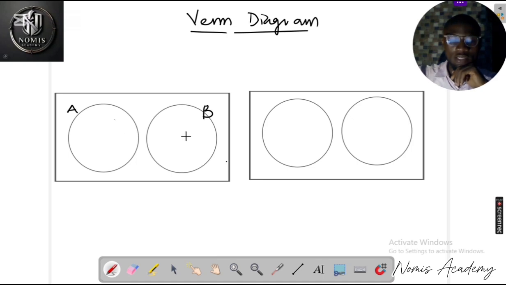So if we have set A and set B, that tells that the entirety of this is a universal set.